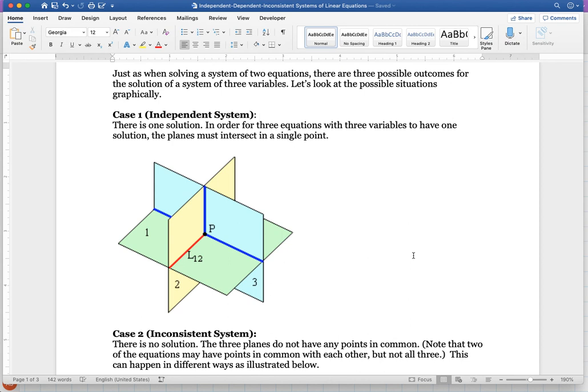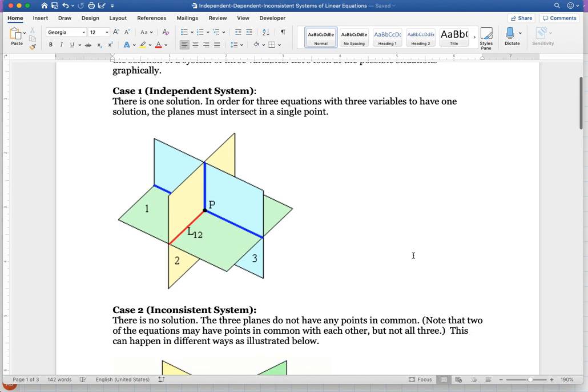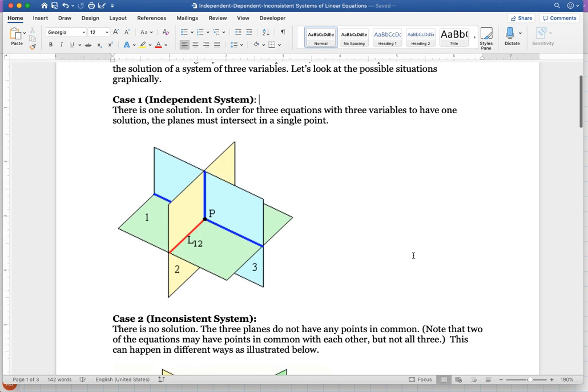The first case is an independent system, in which case the system has a unique solution, one solution. This happens when the three planes, which are the graphs of the three equations, intersect at a single point. And this is the picture that represents the situation.